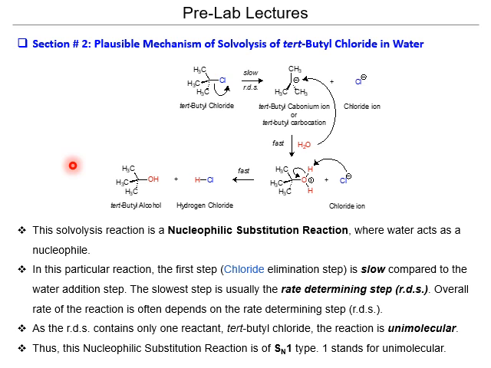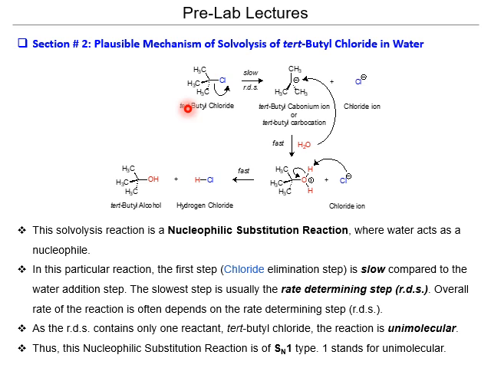The solvolysis reaction is a nucleophilic substitution reaction. So you can see here the chloride ion was substituted with an OH group. So it's a nucleophilic substitution reaction. In this particular reaction, the first step, the elimination of the chloride, is a slow step.